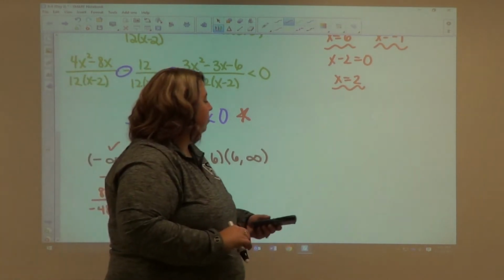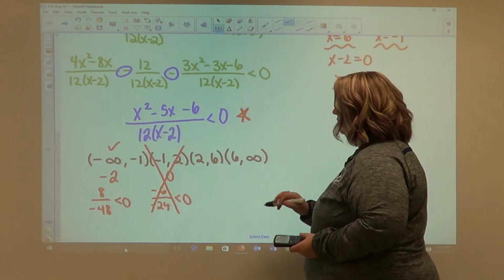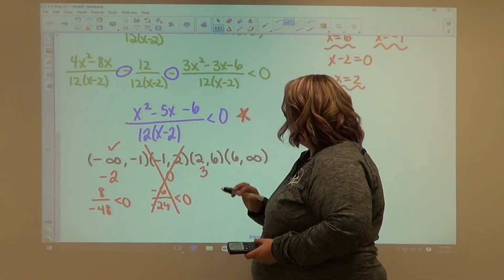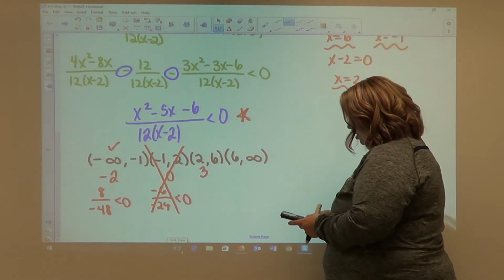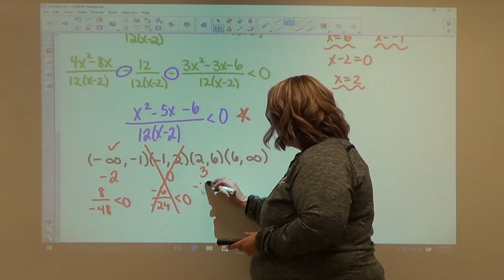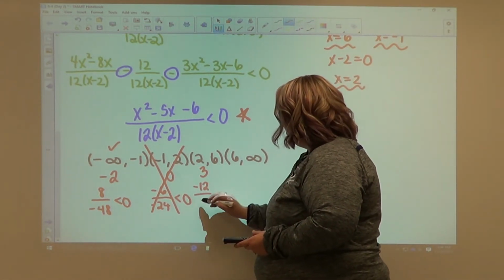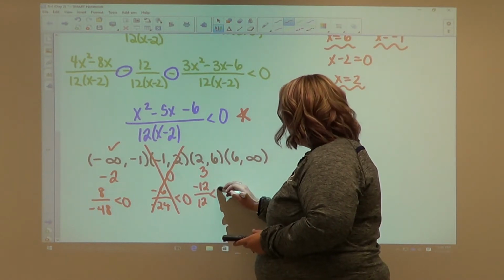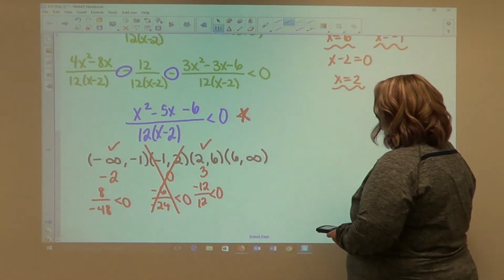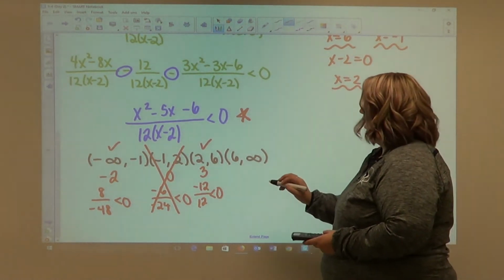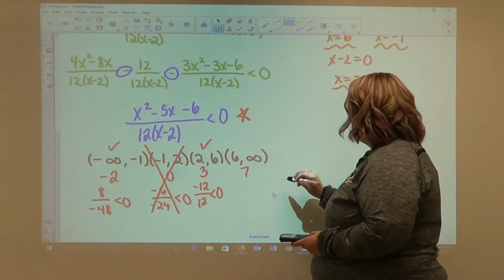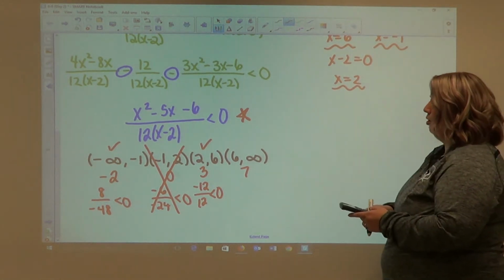Then I'm going to pick a number between 2 and 6, so I'm just going to pick 3. When I plug in 3, on top I get negative 12 and on the bottom I get 12. Is that less than 0? Yes, because it's a negative answer. For the last one, I need a number bigger than 6, so I'm going to go with 7.